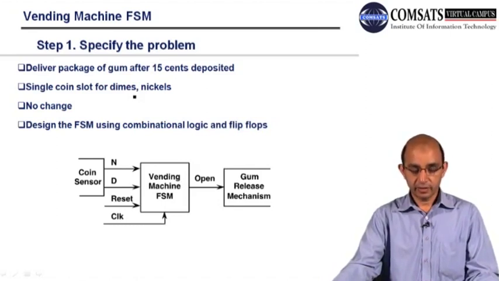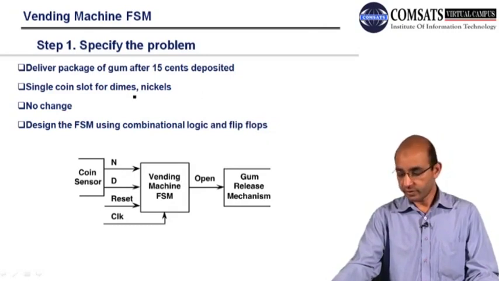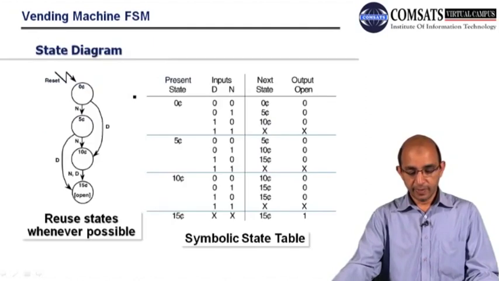If for a particular time span you are not able to insert a coin, there should be some mechanism so that there is no change. This is the state diagram.